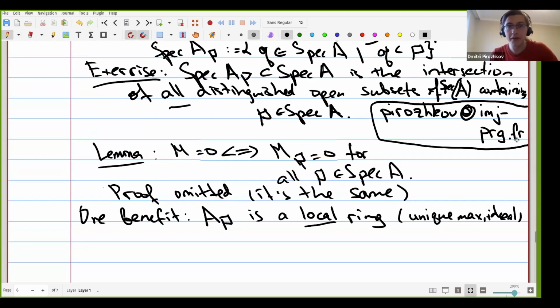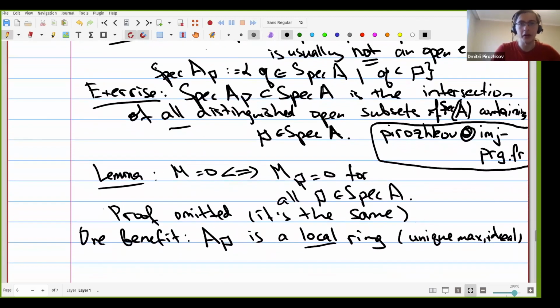That's not very surprising if you look back at the explanation of the spectrum.